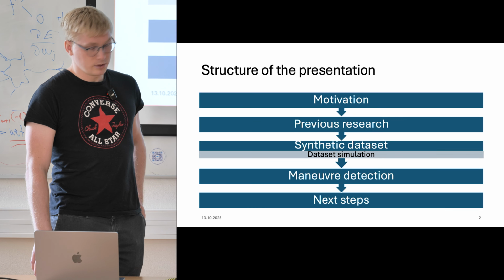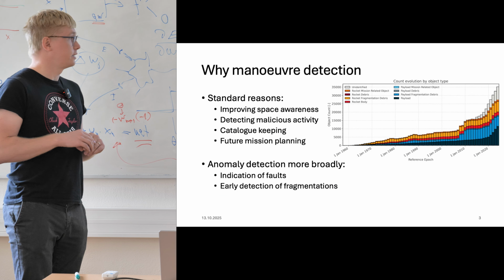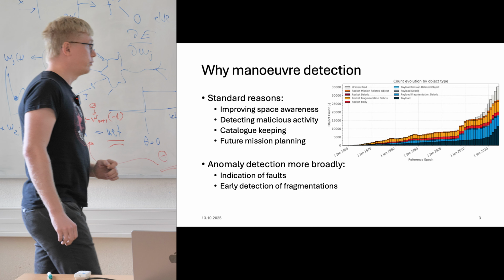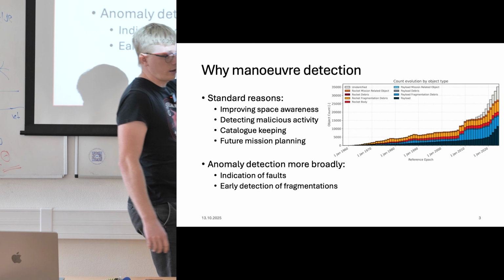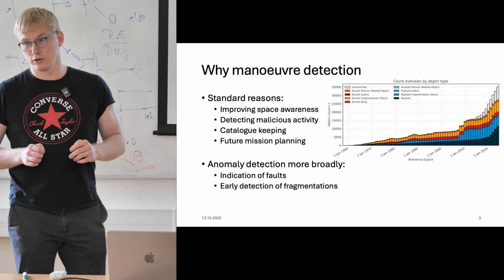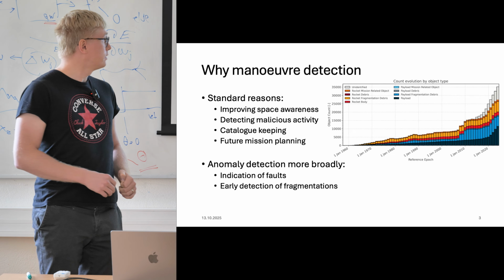direction or future steps. So the reason why people are interested in detecting maneuvers, one of them can be seen in this graph, which shows the growth of artificial objects in the orbit of our planet.